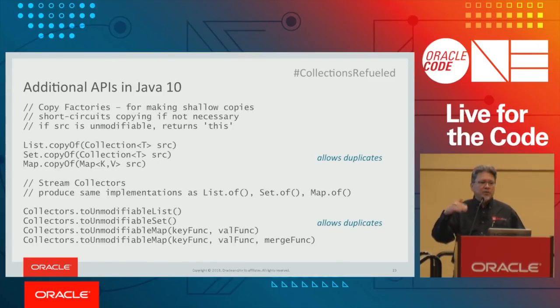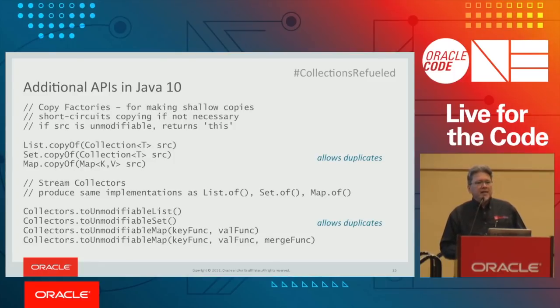And then when you're done with that phase of your program, you want to snapshot it into one of these unmodifiable data structures, because after that point you know it's not going to be modified anymore. That use case is not well supported by the Java 9 APIs, so we added a few more in Java 10. So here we have the ability to create a copy of another collection, List.copyOf and Set.copyOf.